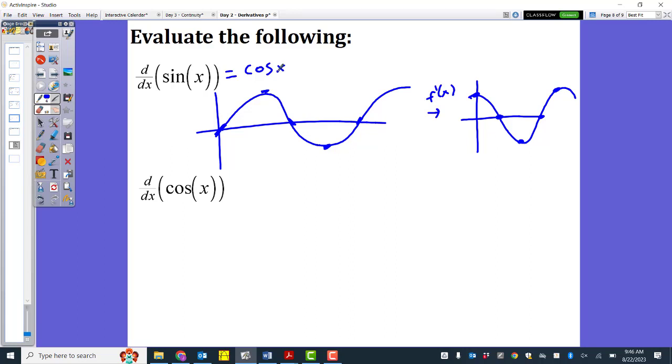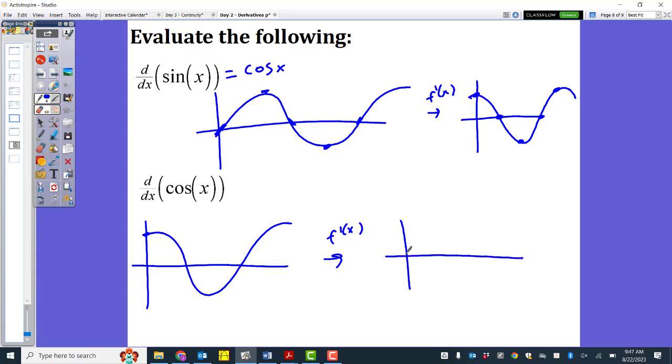Now, if we tried to do the same thing with cosine, so here's our graph of cosine. All right, we're graphing the derivative. We have a slope of 0, so starting at 0. But then our next slope is a negative slope. Now, it almost looks like negative 1.